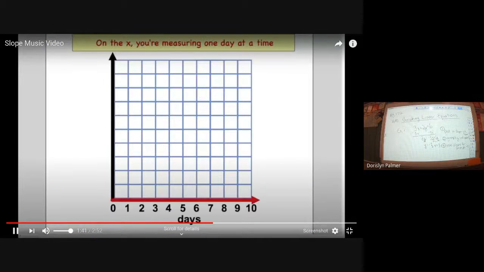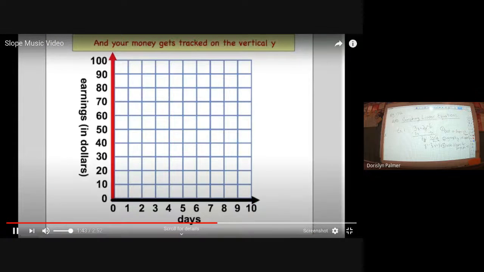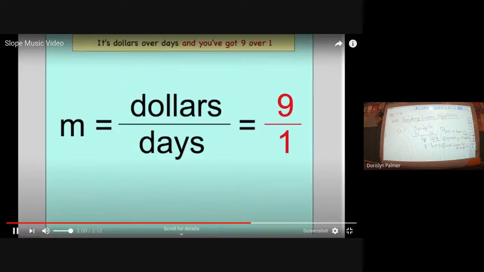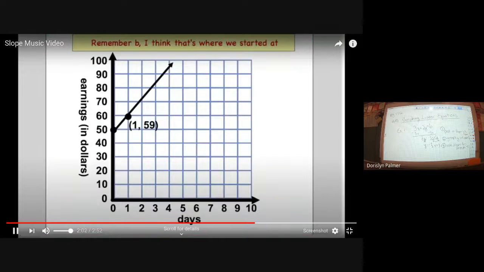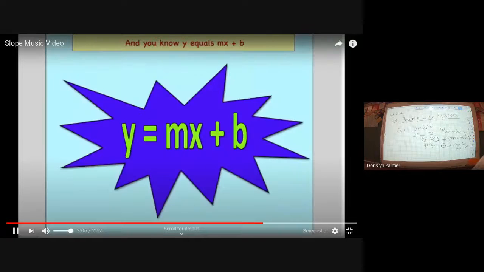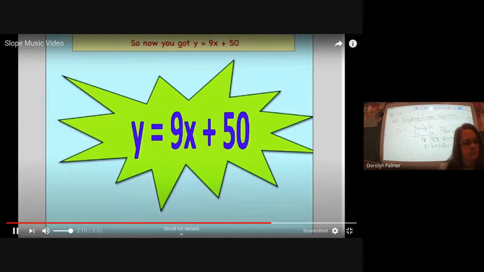On the edge, you measure it one day at a time, and your money gets tracked on the vertical line. Now you got some, and you ain't even worked yet. $50, put it up, that's your y-intercept. After the first day, you got 59. Now you got 2 points, you can start drawing a line. The slope of that line, remember, rise over run. If dollars over days, then you got none over ones. Remember B, I think that's where we started at. $50 up on the graph, the y-intercept. And you know y equals mx plus b. Now you got y equals 9x plus 50.